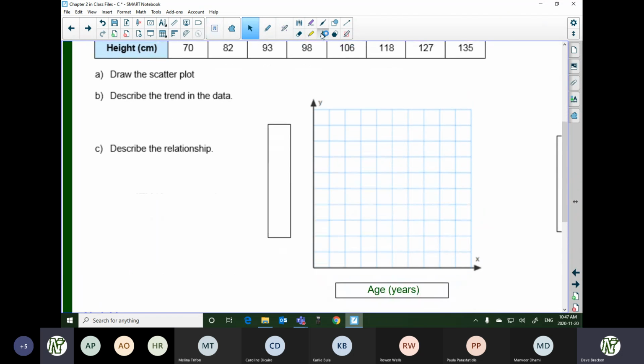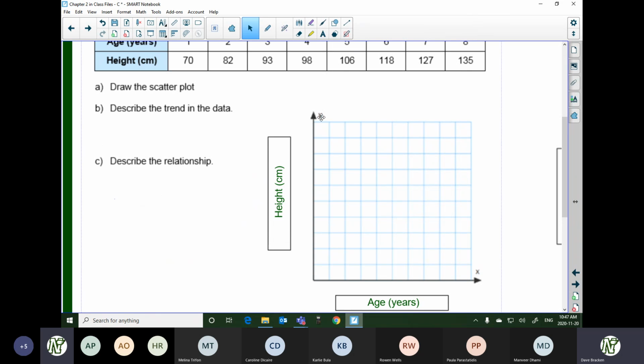So I'm going to type that out. The second variable always goes on the side, and I like to put what the measurement is, in centimeters or years or days if I can. So no guessing whatsoever. Age, bottom, height, side, always.